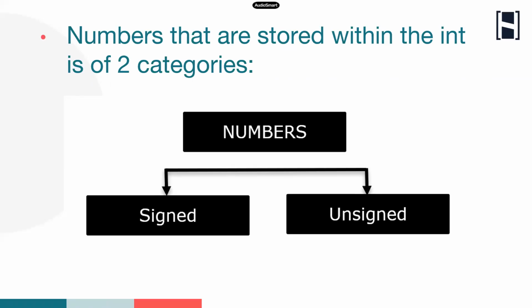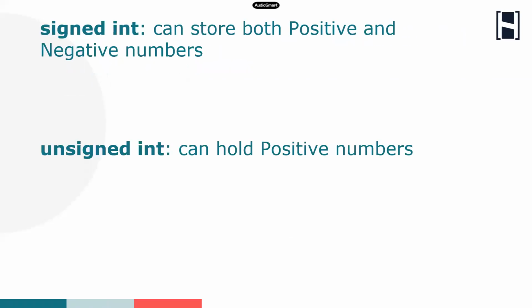Now, what is this signed and what is this unsigned? A signed integer means inside that variable, you can store both positive as well as negative numbers. When I am creating a variable of the int category as a signed int, the variable has the capacity to hold both positive numbers as well as negative numbers.